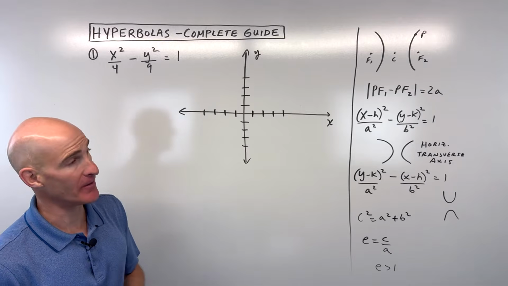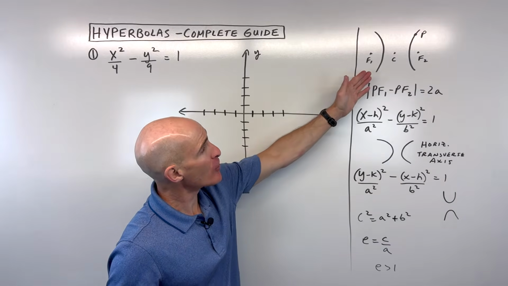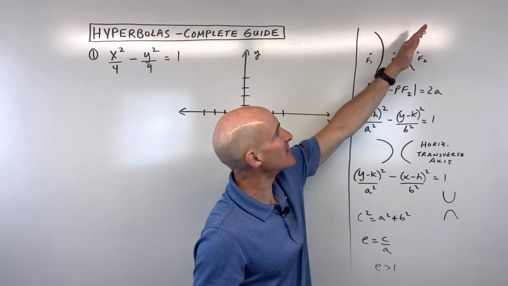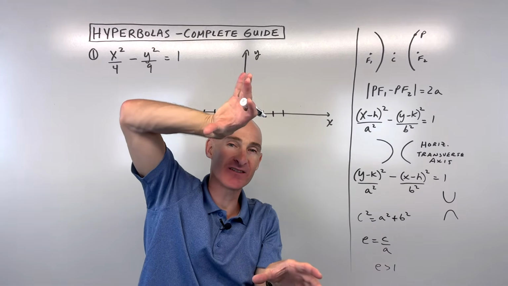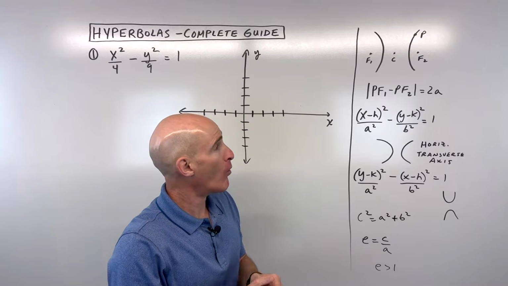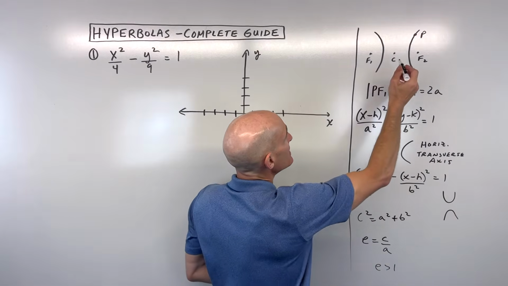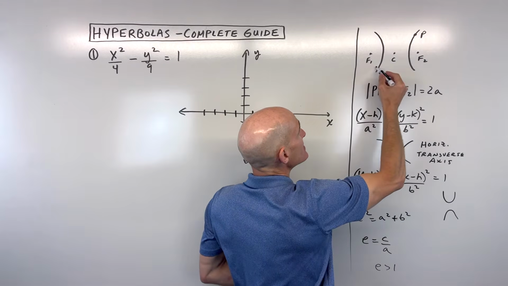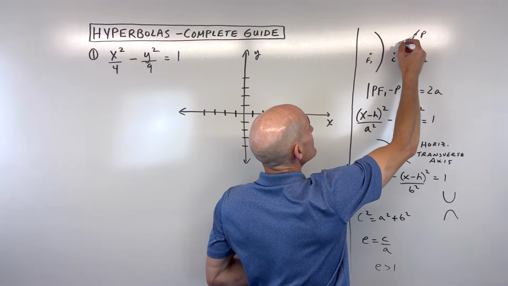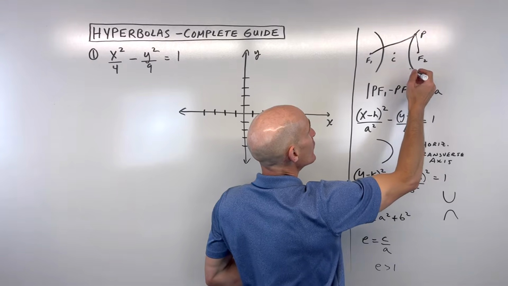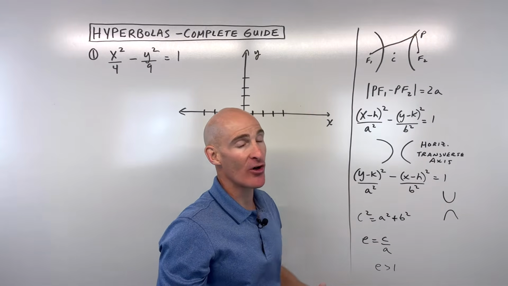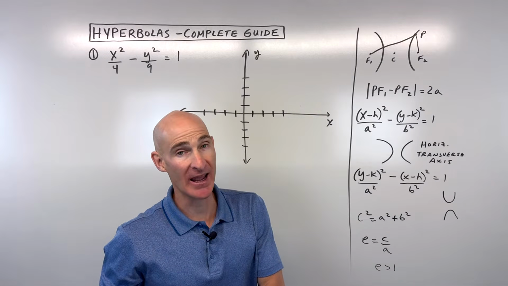So let's dive in. A hyperbola kind of looks like two parabolas facing opposite directions. It could either go like this or it could go like this. But more precisely speaking, it's the set of all points such that the distance from this point to this focus minus the distance from this point to this focus is always a constant, and we call that constant 2a.